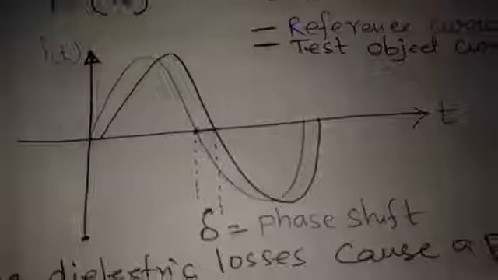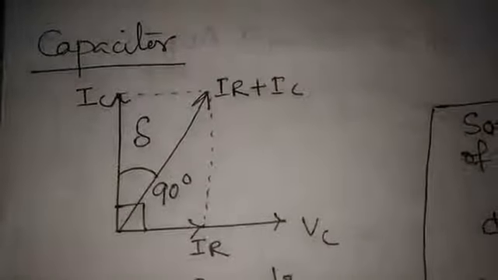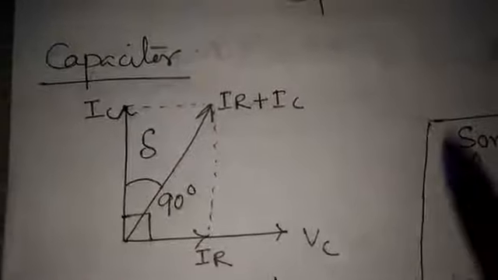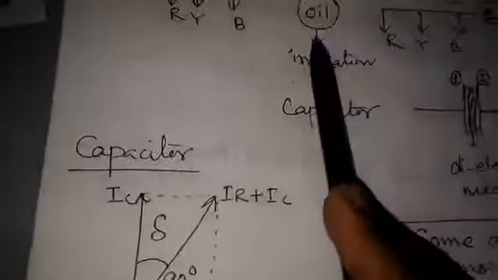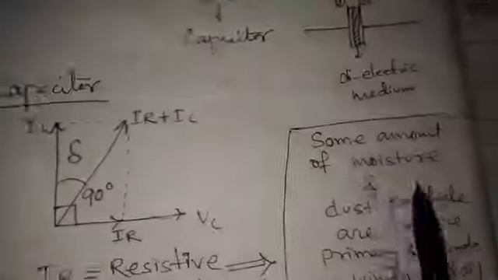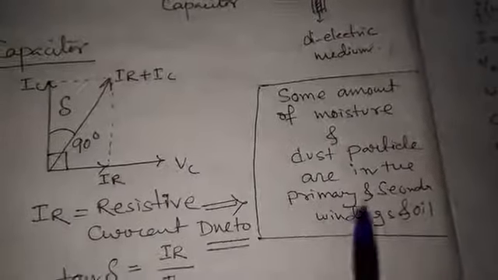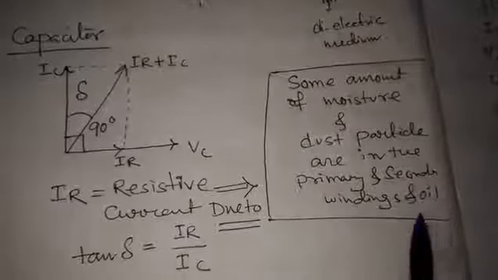As per this drawing, we can explain this diagram. What are the dielectric losses in between? The oil is the insulation, it is the capacitor, and some amount of moisture and dust particles are present in the primary and secondary winding and the oil.